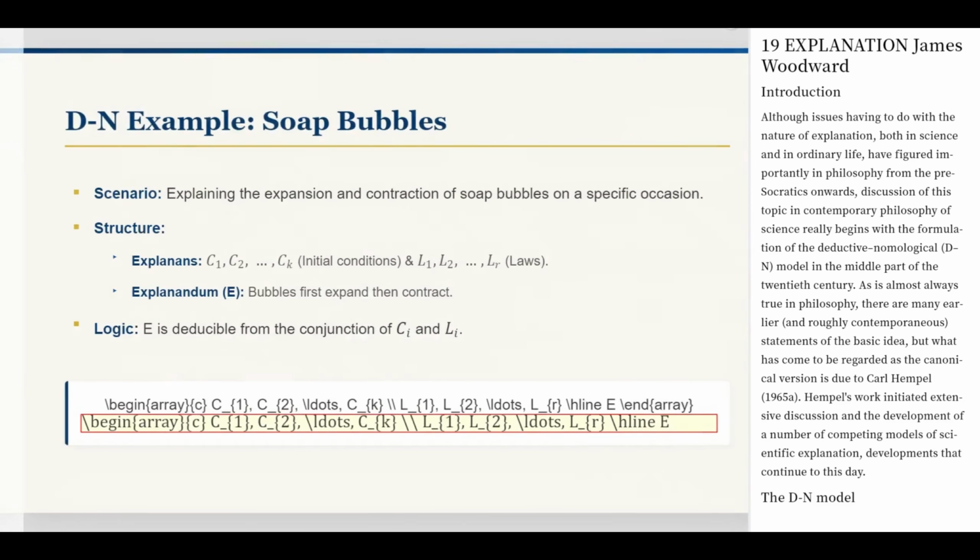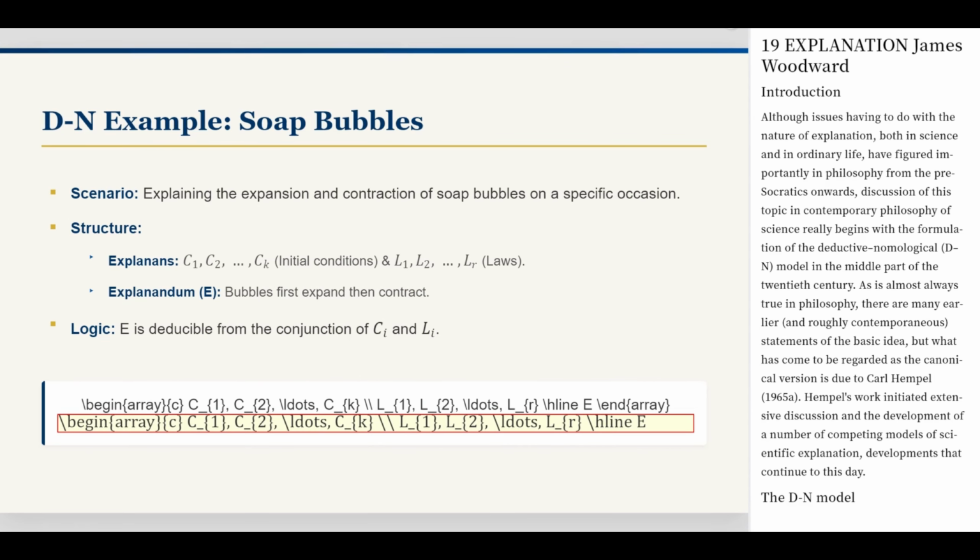Let's make this concrete with Hempel's own example, soap bubbles. Imagine you see bubbles forming, expanding, and then shrinking. How do you explain this? According to the DN model, you gather your facts. Maybe the temperature inside the bubble is higher than outside, the air pressure difference, the surface tension properties.